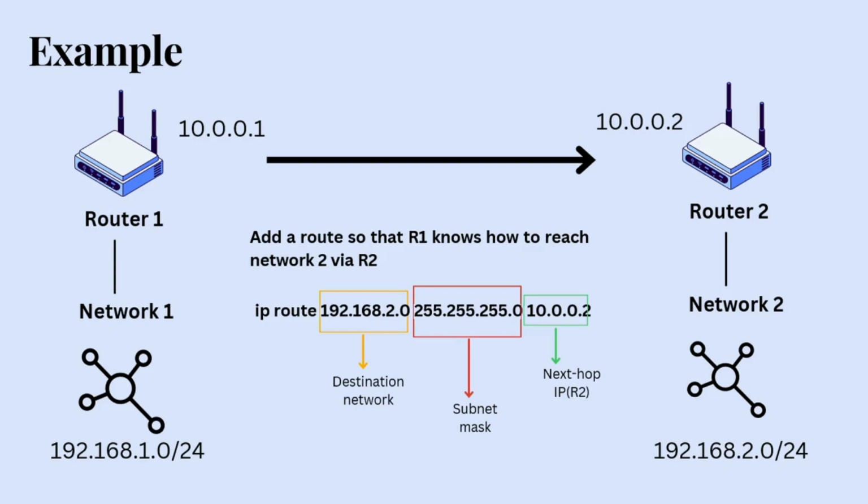So in this case, we would need to configure the first router so that it knows how to reach the second network. In the command that you can see below, you have to specify the destination network, which is 192.168.2.0, followed by the subnet mask, and then the IP address of the router.